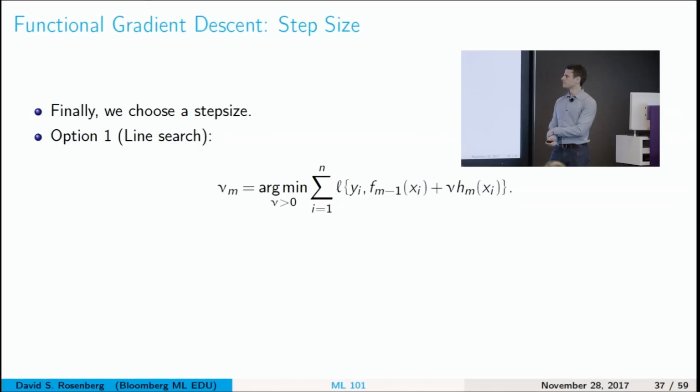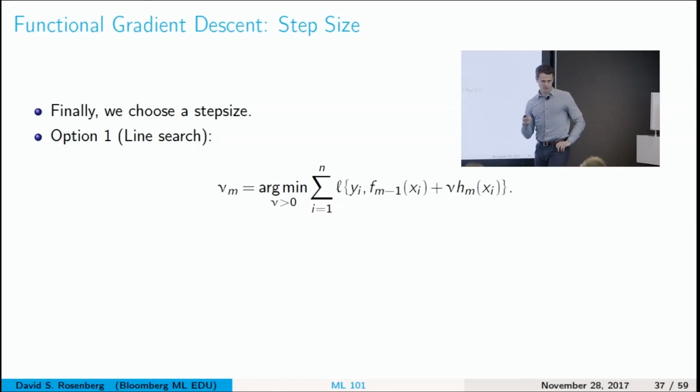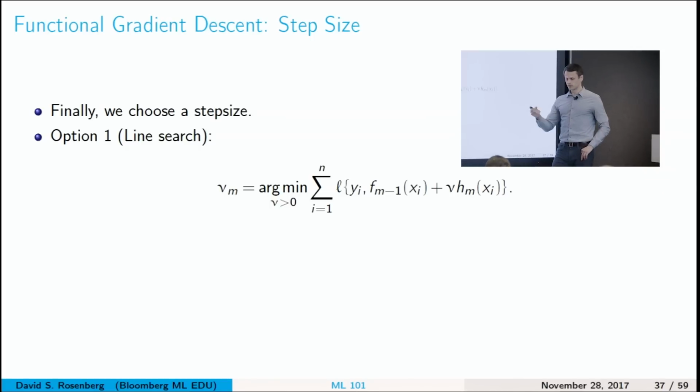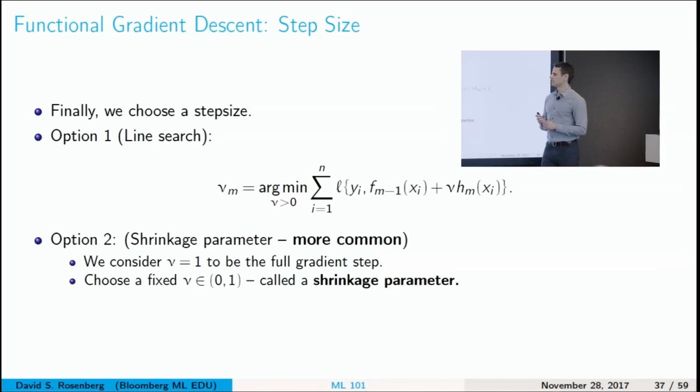Let's look at the full algorithm. Well, the last piece is how big a step do you take? One version is, once you've chosen your step direction h_m, you just search for the step size that minimizes your empirical risk. But more commonly, we think of the step size as a shrinkage parameter, as a regularization parameter.